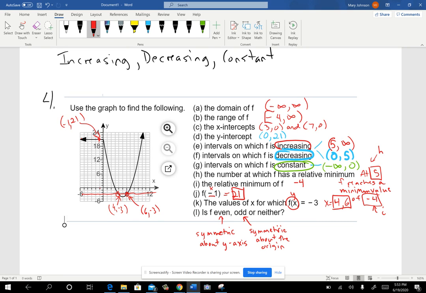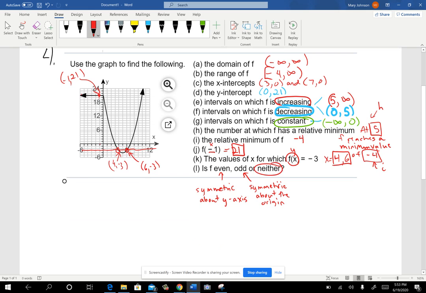And then a lot of functions are neither. This one's neither, okay? So things that are symmetric about the y-axis that you've encountered are things like that, okay, or the absolute value, or even the rational functions that look like that are symmetric about y. Things symmetric about the origin, cubic functions are, they kind of do like that.